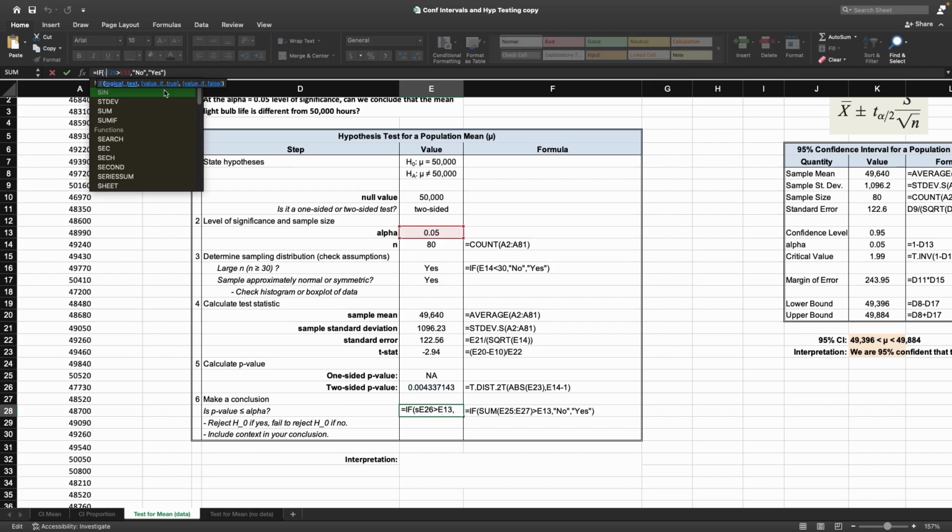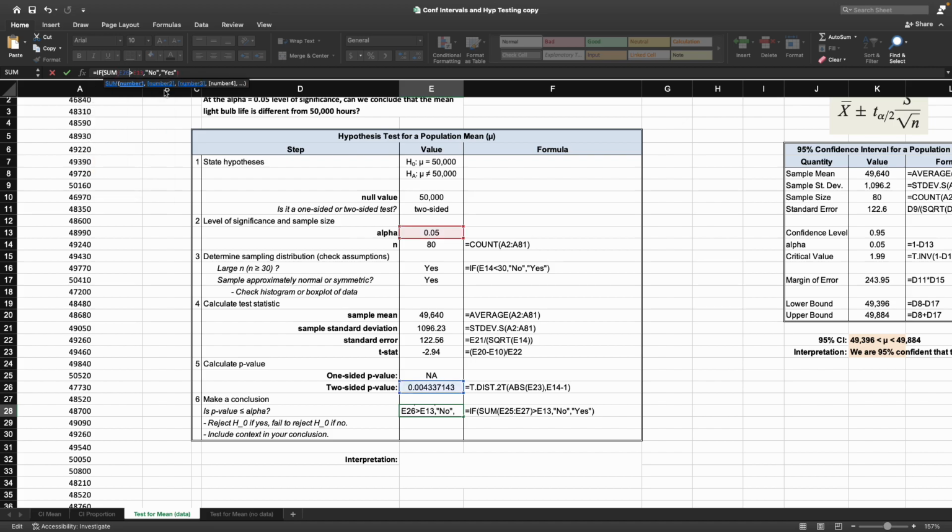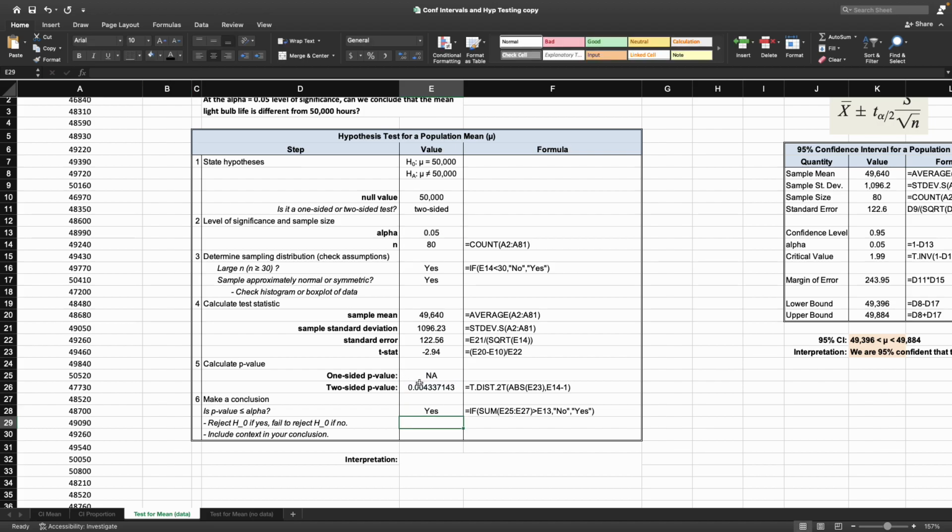And here I even have the sum, just to make this a little bit more general. But okay, so basically if our p-value here is less than our alpha here, then it's going to reject.